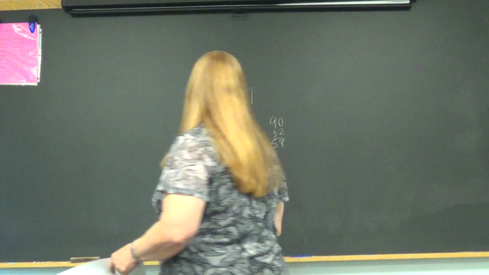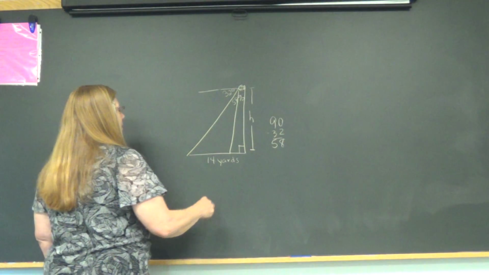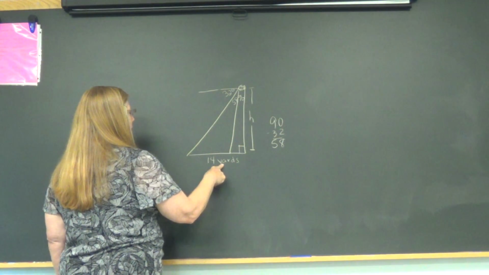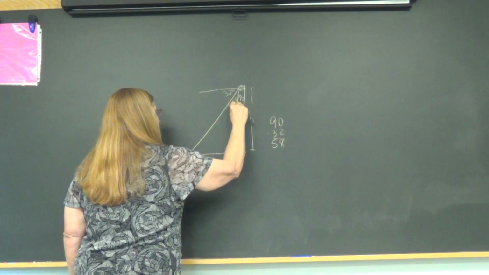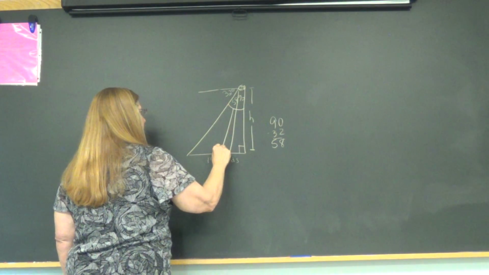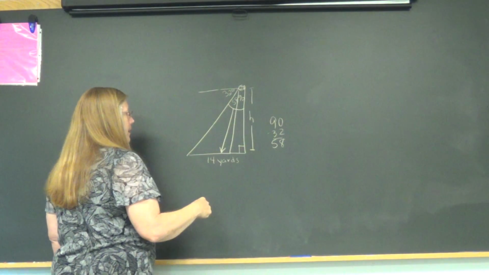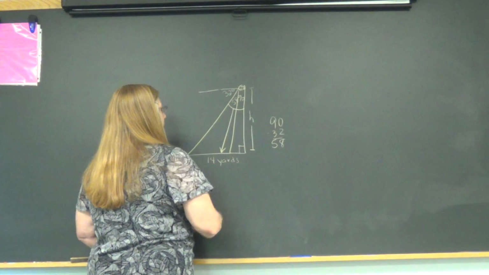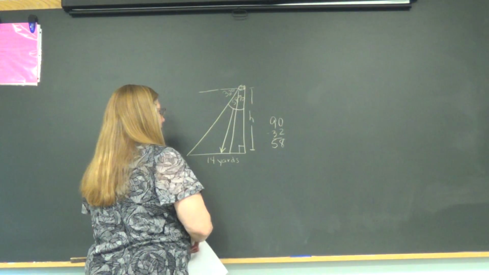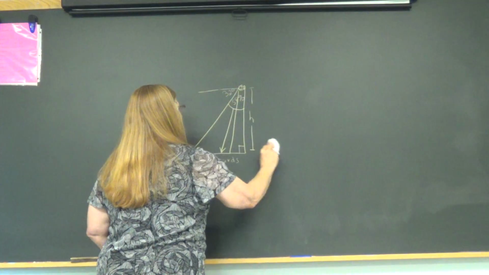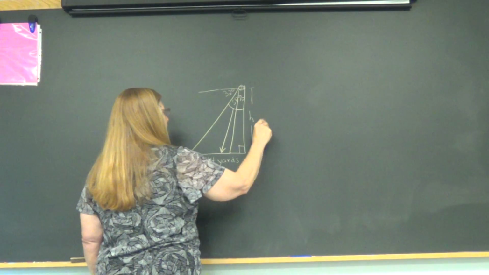Alright, here we are back. And we're looking for height. We know a side, we know this angle, so the angle and the side are opposite one another. And we know this side is adjacent to the angle 58, so tangent comes out to play again.